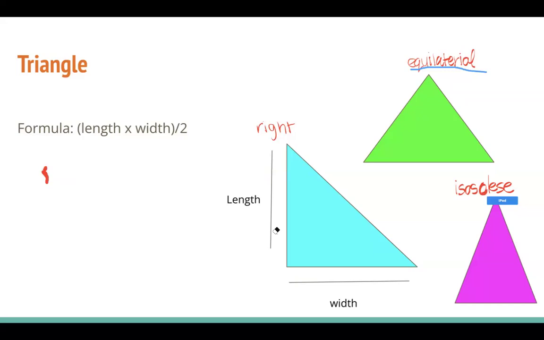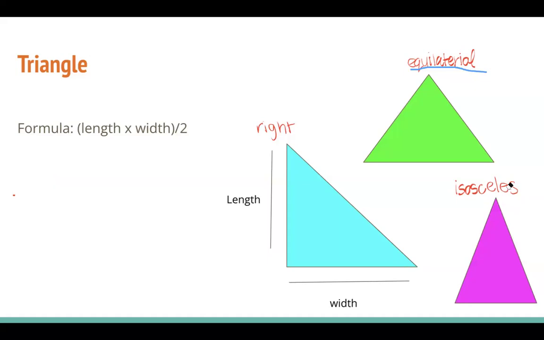So a right triangle is... Hold on, let me just fix this. Alright, so we have equilateral, isosceles, and right. So we'll start off with the right triangle.